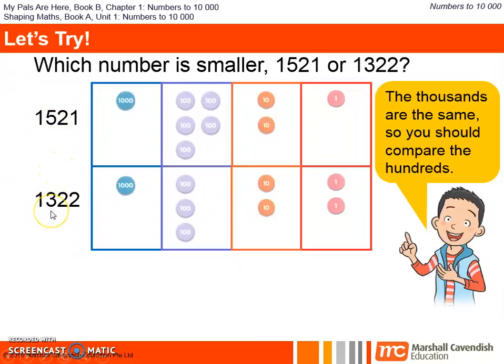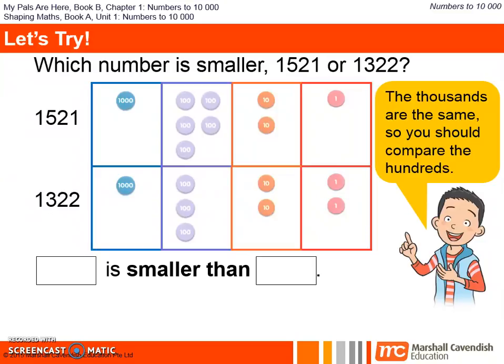And you have the digit 3, which stands for 300. So which one is smaller? Well, obviously, the digit 3 is smaller than digit 5, because 500 is bigger than 300. So therefore, 1322 is smaller than 1521.